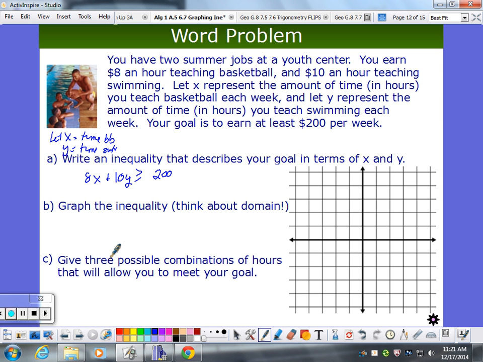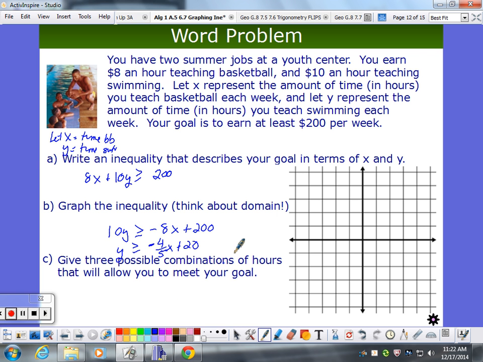And then you're going to graph this. So, let's see. 10y is greater than or equal to negative 8x plus 200. That's the subtraction property of inequality. Divide by 10. Do I turn the symbol? No. So that's negative 8 over 10, negative 4 over 5, plus 20.